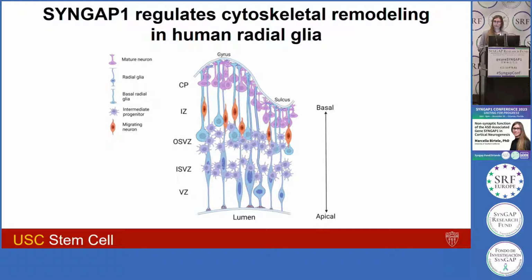And in this area, the radial glia cells will proliferate. And once the radial glia proliferate and generate neurons, these neurons will then migrate along the other process of the radial glial cells that extends toward the basal side. And this will allow for the proper positioning of the neurons and proper lamination of the cortex.